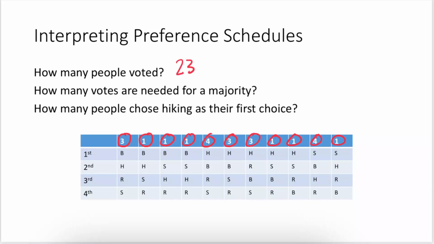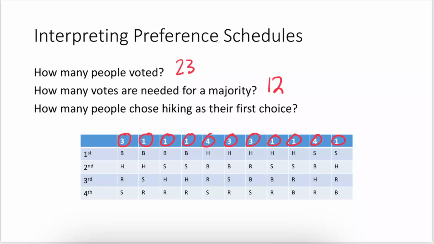If I split that number in half, I get 11.5. So the number of votes needed for a majority is 12, because 12 is the whole number that's bigger than half of 23. That's how you would determine how many votes are needed for a majority. And then you can also look at specifics.